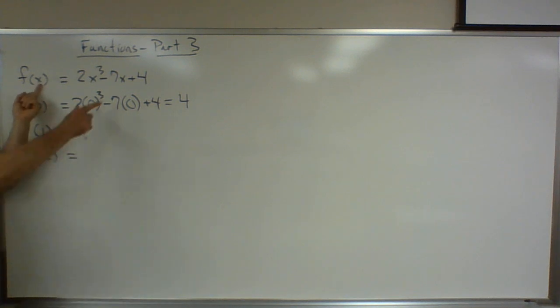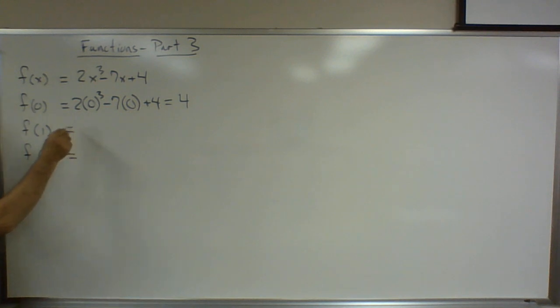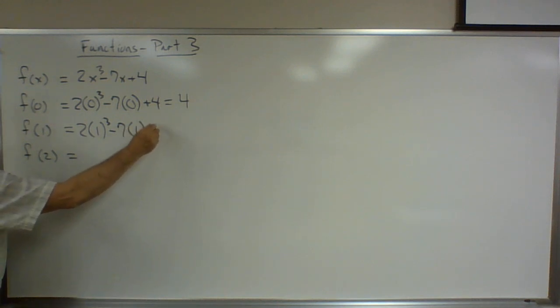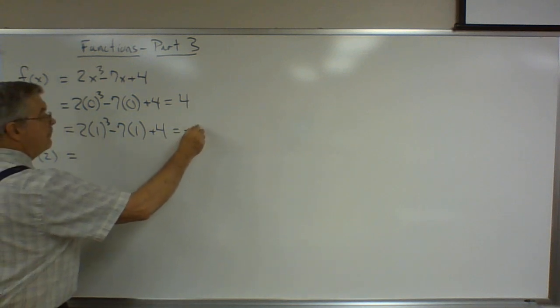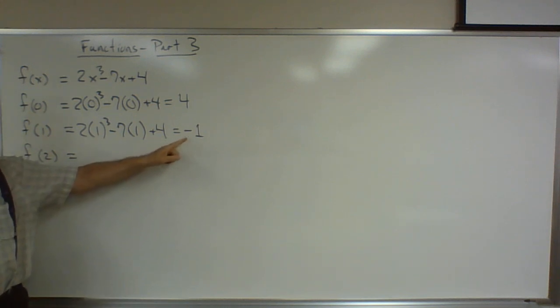So every place we see an x up here in our model, we're going to put a 1 down here. 2 times 1 cubed minus 7 times 1 plus 4. That'll be 2 minus 7 is negative 5, plus 4 is negative 1. So when x is 1, the y value is negative 1.